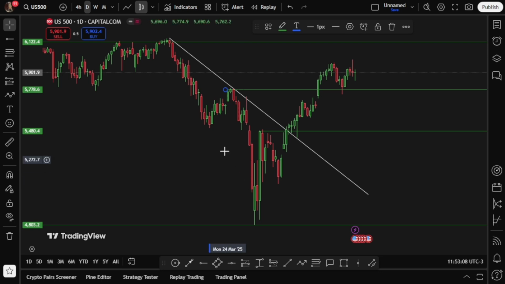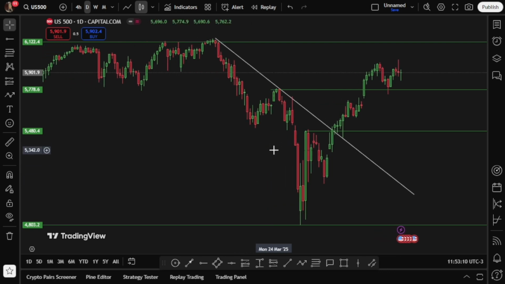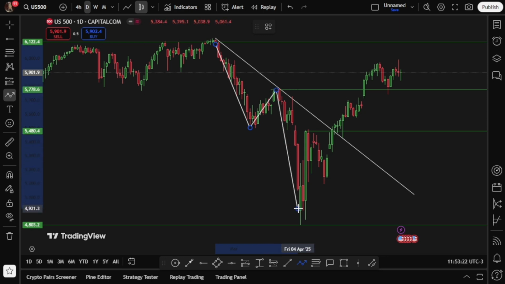Now, what happened that made me take this trade? We can currently see that price created a temporary downtrend, with a lower low, a lower high, a lower low, a lower high, and then this low that did not break below the previous low.